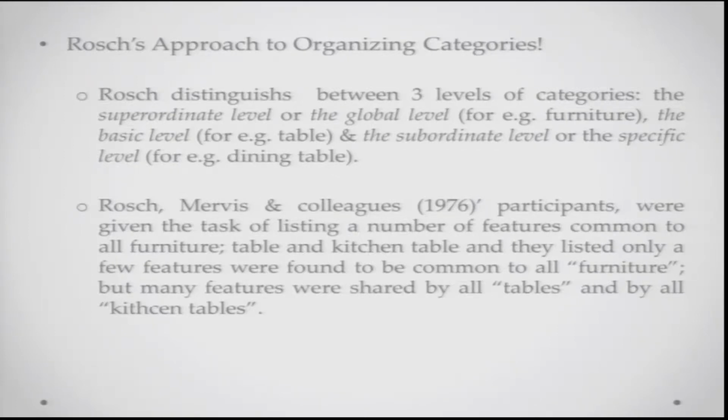Rosch, Mervis and colleagues in 1976 gave participants a task of listing a number of features common to all furniture, tables and kitchen tables, etc. And they counted the number of features these people listed for each of these. So, which are the features common to all furniture, which are common to all tables, and which are common to all kitchen tables.